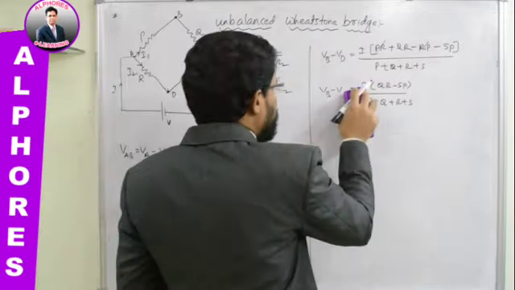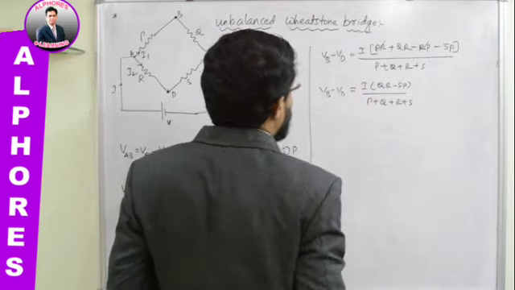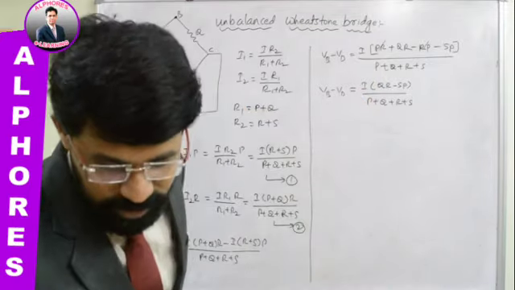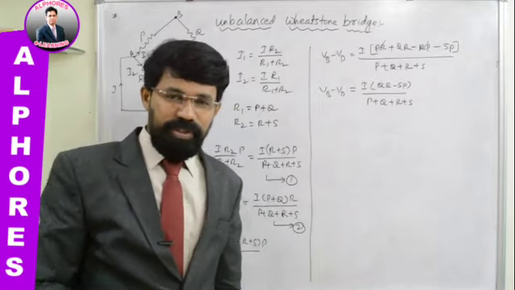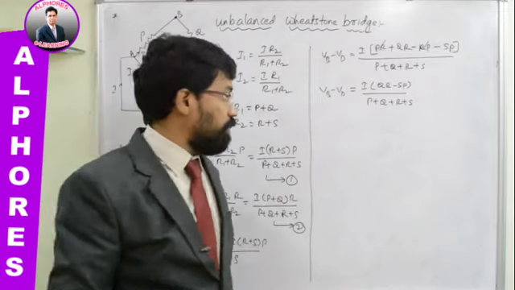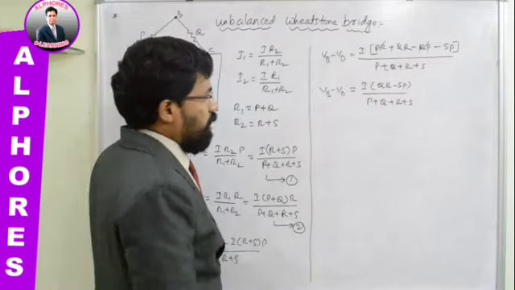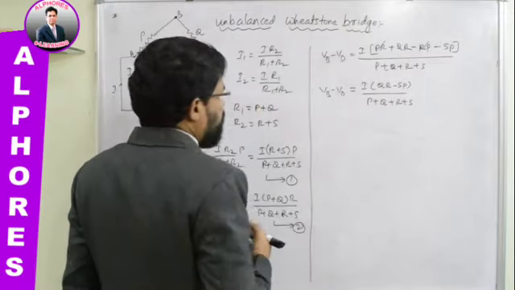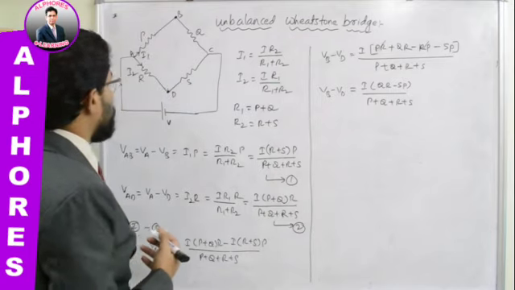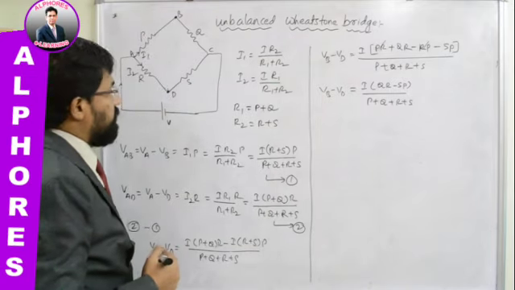So let us try to understand this equation. Whether this potential difference is positive or 0 or negative, it depends on what? It depends on the QR and SP values, isn't it? So if the bridge is balanced, how do we write? We write it as P by Q is equal to R by S, isn't it?